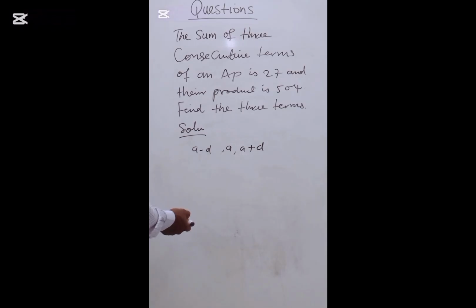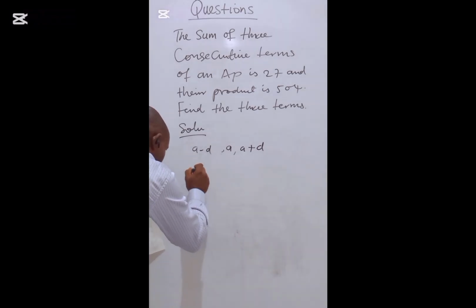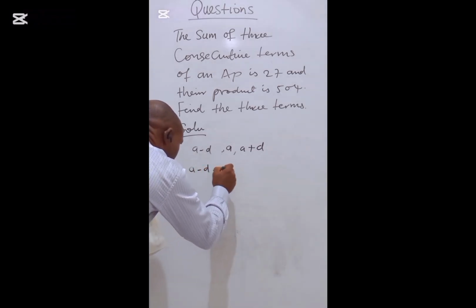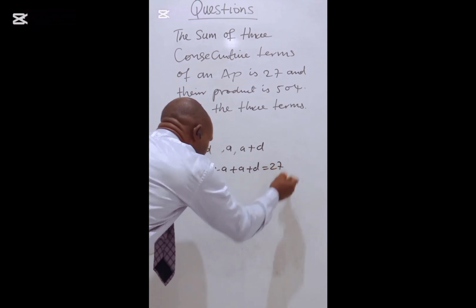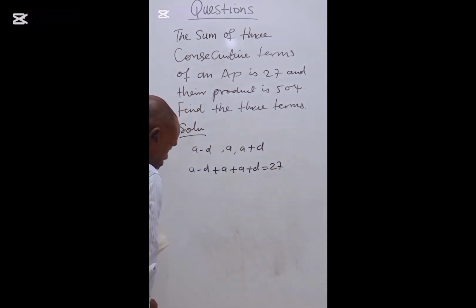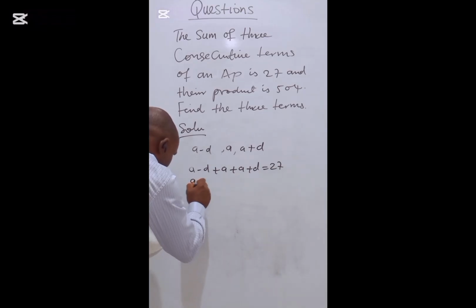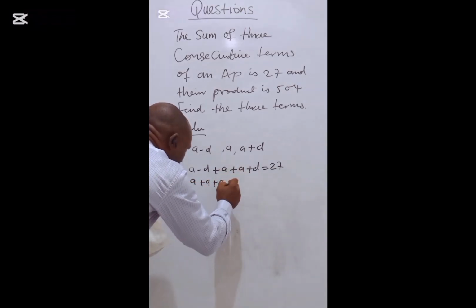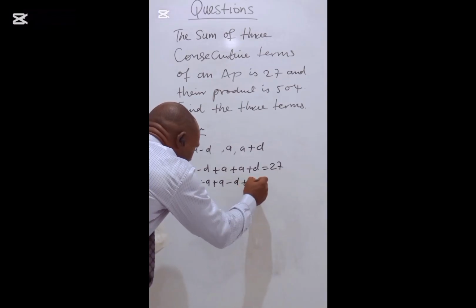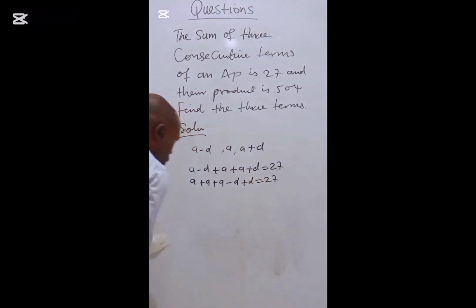Now, the question says the sum of the 3 terms is equal to 27. Therefore, A minus D plus A plus A plus D is equal to 27. If we collect like terms, this is the same thing as A plus A plus A minus D plus D equals 27.